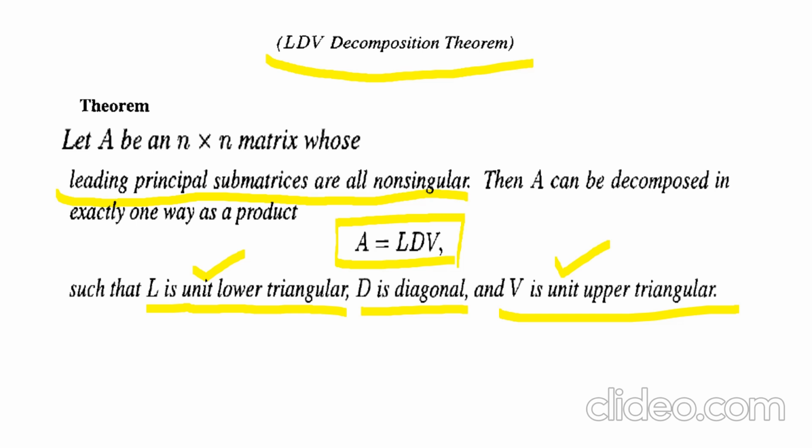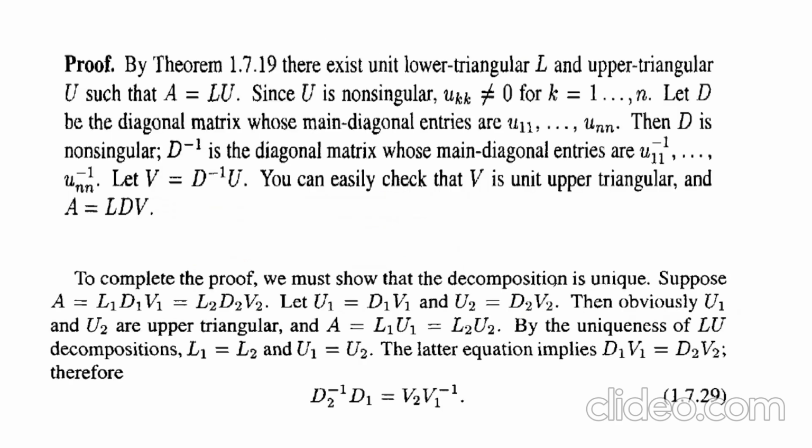Let's start the proof for A equals LDV. The theorem mentioned here, 1.7.19, is the same theorem as we have discussed earlier.